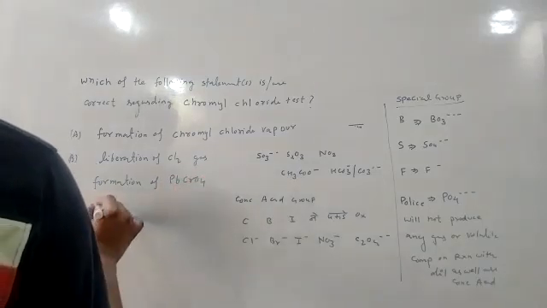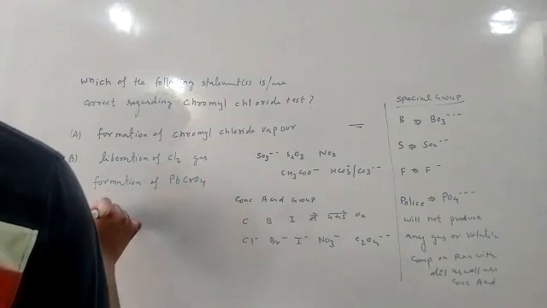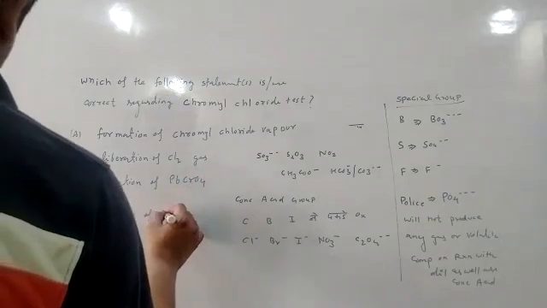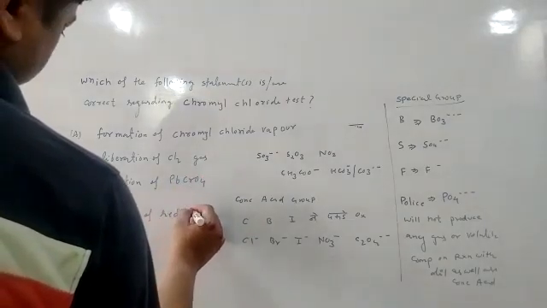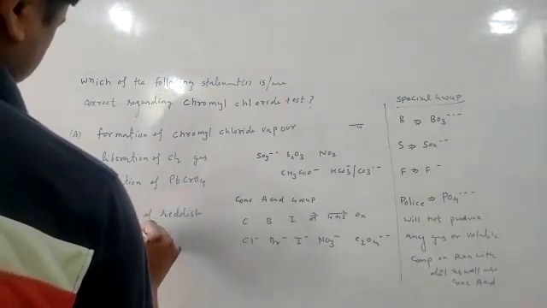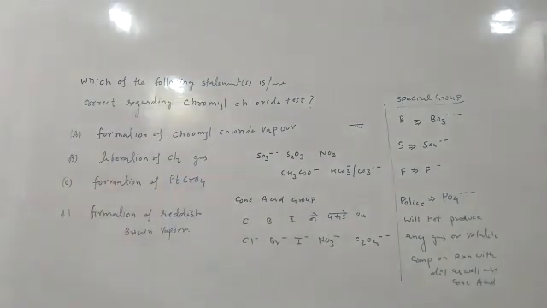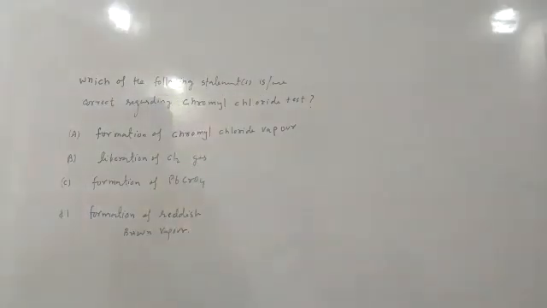D, formation of reddish brown vapor. Okay. Just go through chromyl chloride test, you will get the answer.